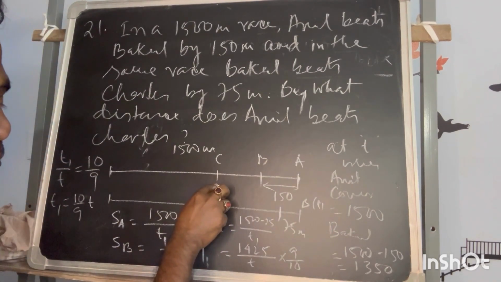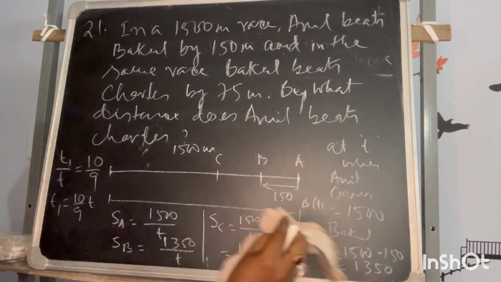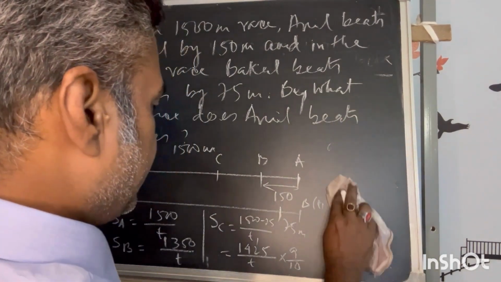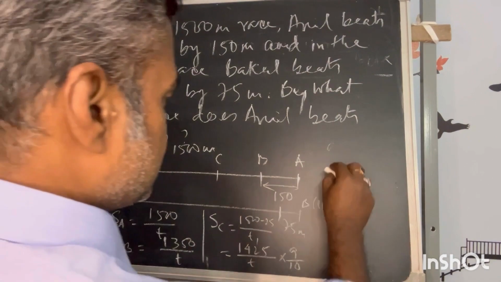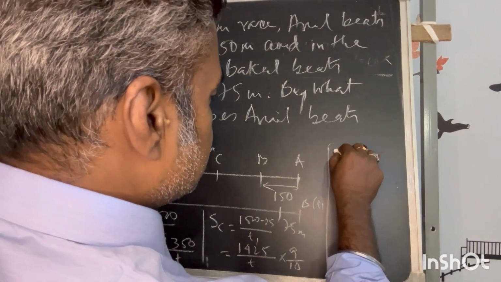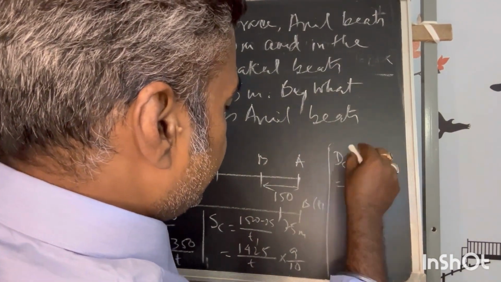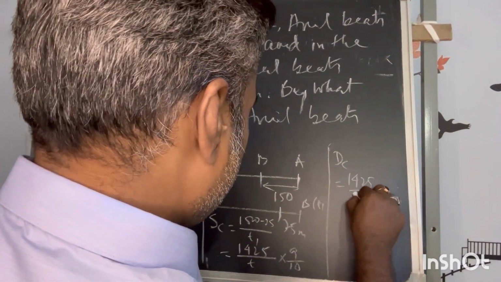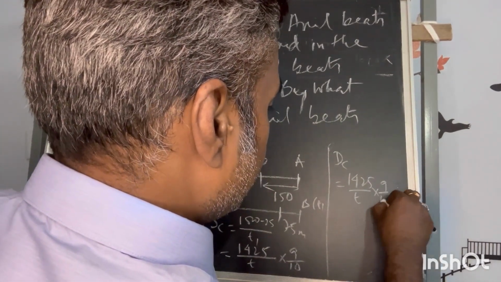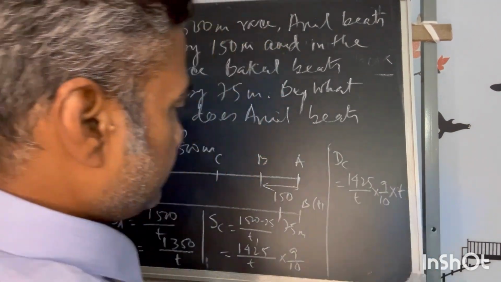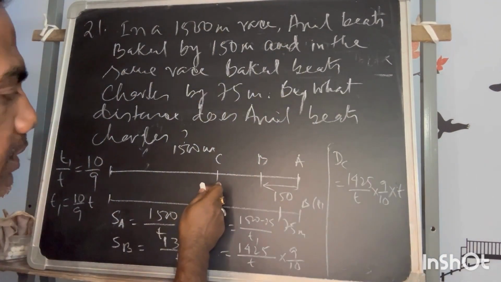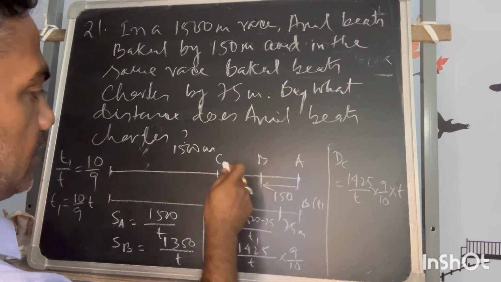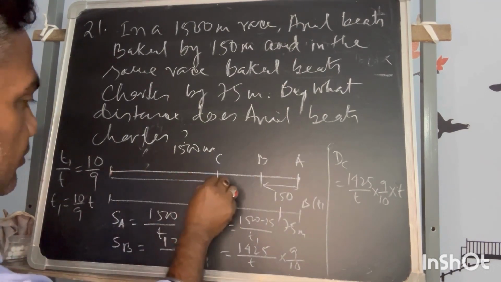He also has to move for t time. So for time t, what is Charles's distance? That is equal to speed, that means 1425 by t into 9 by 10 into time t, because in time t only we get how much distance he has covered when Anil has reached the terminal.